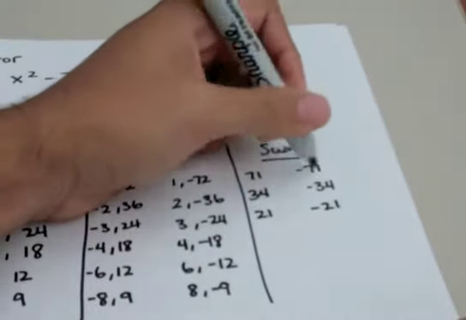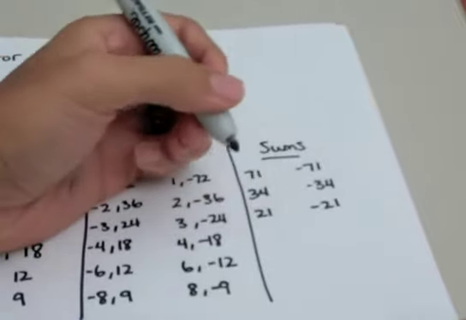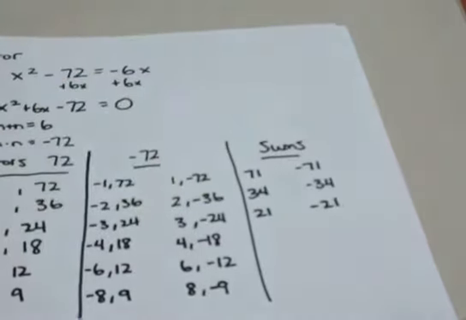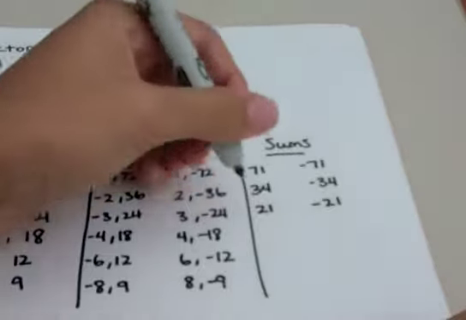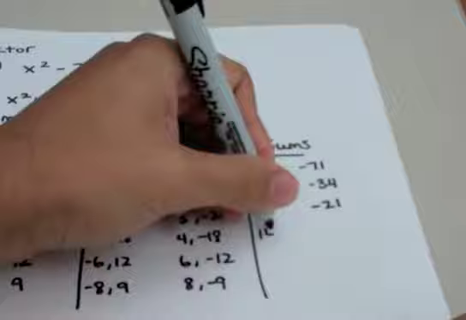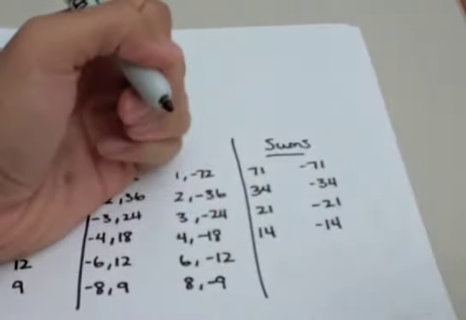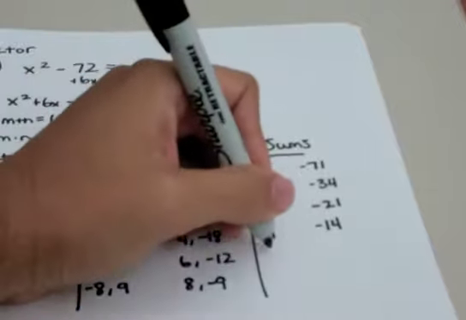So you should see a pattern developing between the numbers. That'll allow you to skip steps and move a little bit faster and not have to figure out each one. Negative 4 plus 18 is 14. 4 plus negative 18 is negative 14. Negative 6 plus 12 is going to be 6.